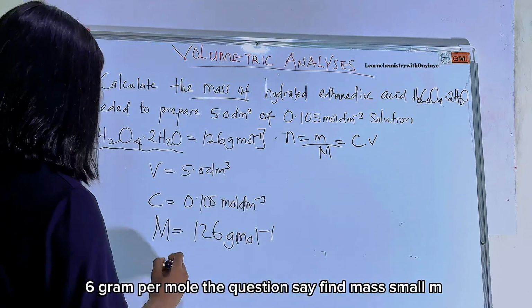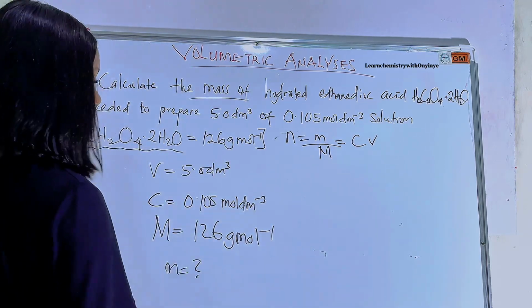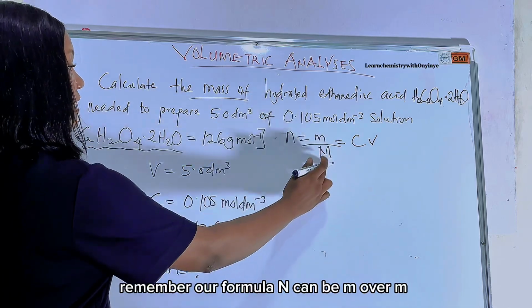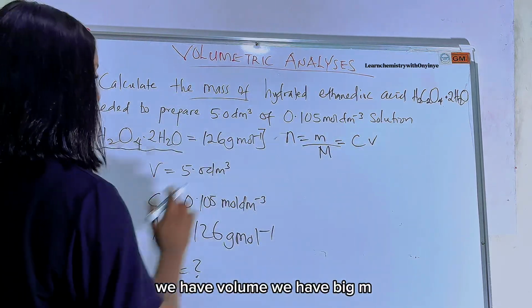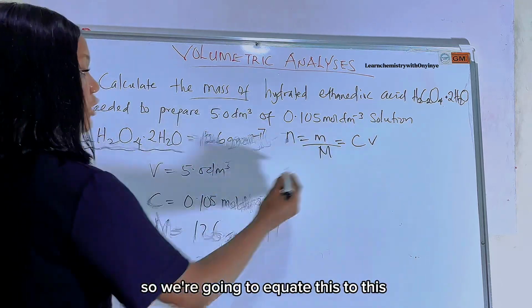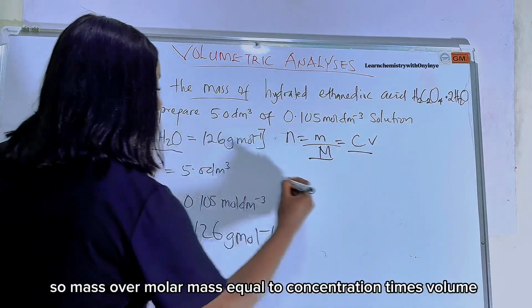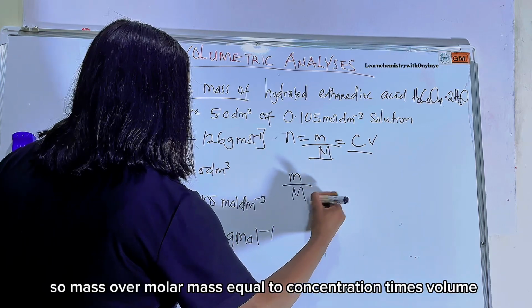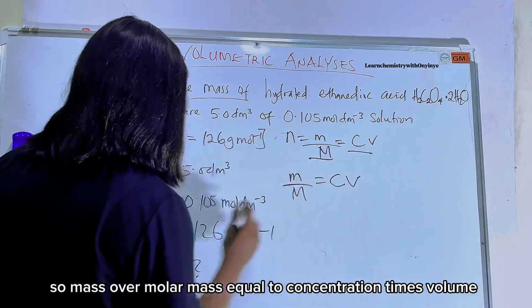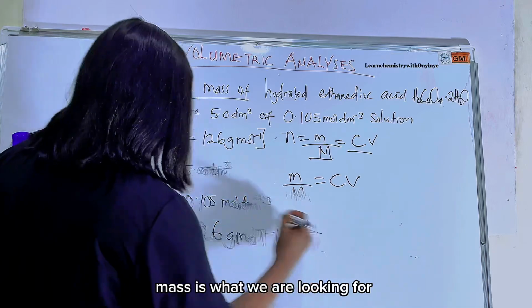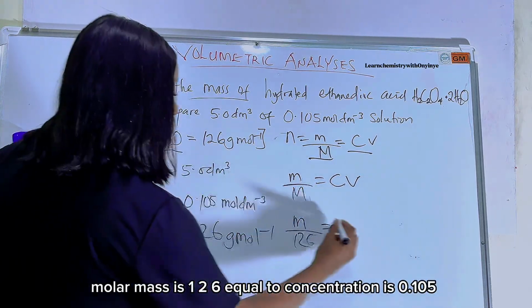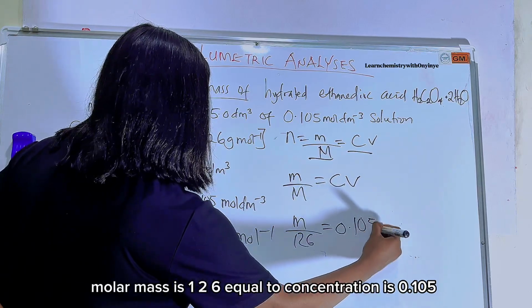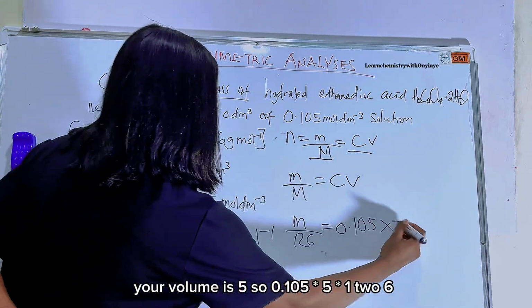The question says find mass, small m. Remember our formula, n can be m over M, and it can be concentration times volume. Now we have concentration, volume, and big M, so we equate mass over molar mass to concentration times volume. Mass is what we are looking for, molar mass is 126, concentration is 0.105, and volume is 5.